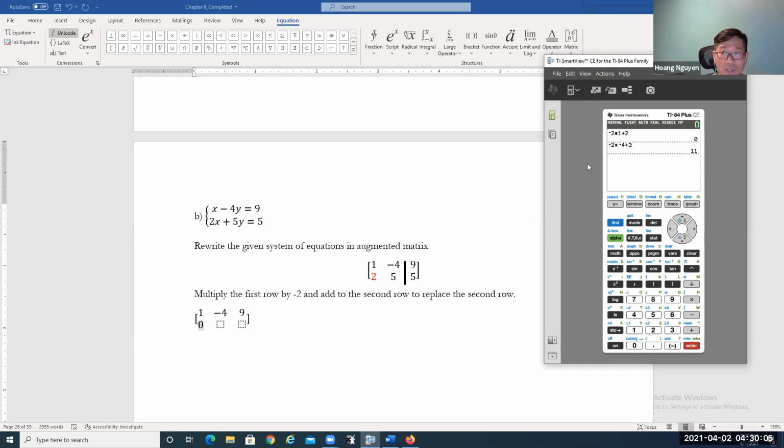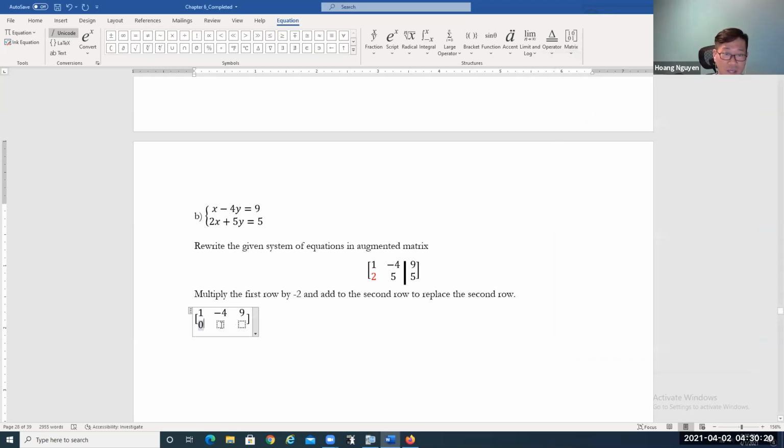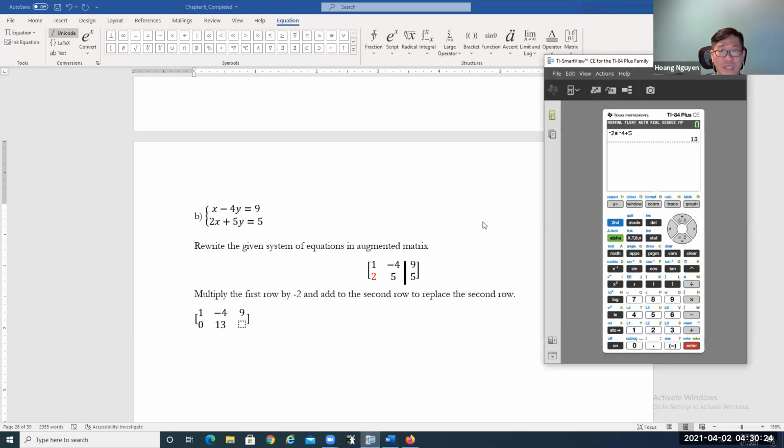Okay, so -2 times -4 plus 5 is going to give you 13. So this is going to be 13 right here. Now, similar idea, let's do the last one. We have -2 times the first row, which is 9, plus the second row, which is 5. It's going to be -13.